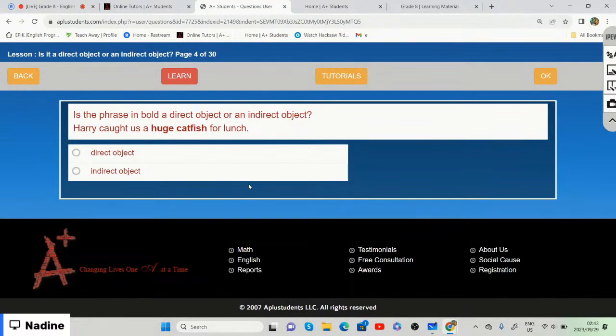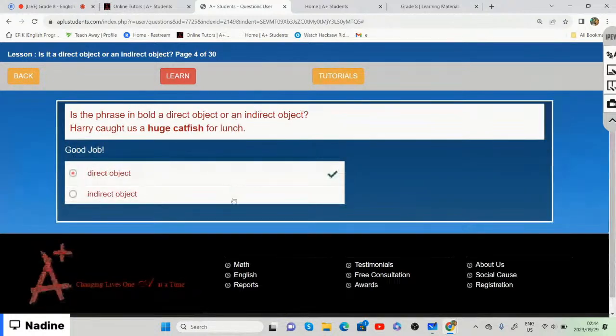Basically, we're asking ourselves, what did Harry catch us for lunch? He caught us a huge catfish for lunch. I think it's a direct object.